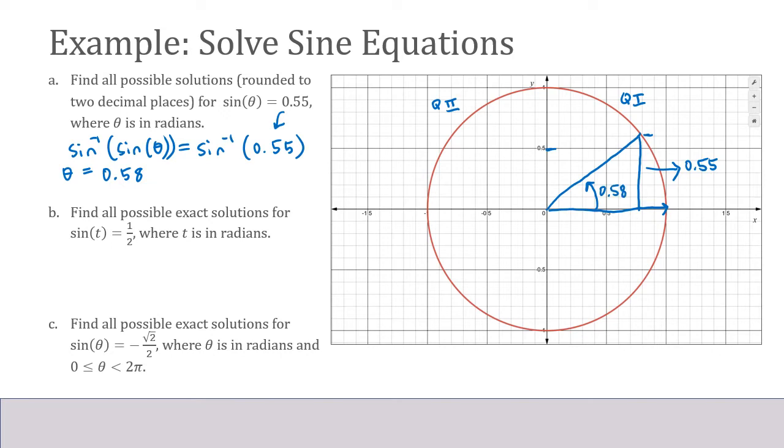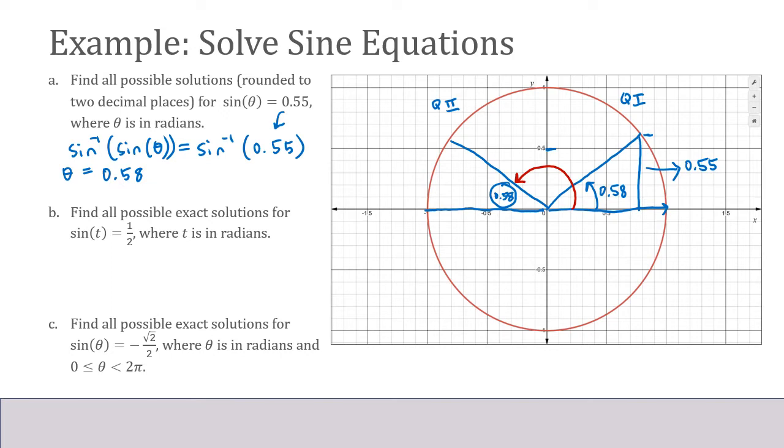Now, we learned on that application problem that we can expect that there is another angle in quadrant 2 that, let's see if I can make that look good, has the same reference angle, right? So this piece right here is that 0.58. That is the reference angle. So what we want to know is what is the angle from the positive x-axis all the way to that terminal side.